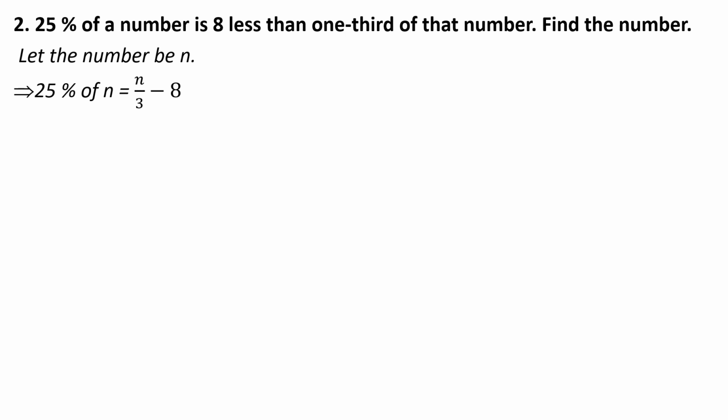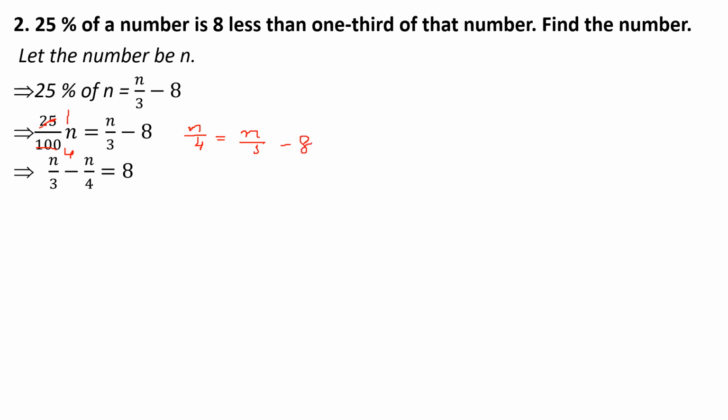Now 25% means 25 by 100 into n, which is equal to n by 3 minus 8. Upon simplification, 25 ones are 25 and 25 fours are 100, so we have n by 4. So n by 4 is equal to n by 3 minus 8. Bring n by 4 and n by 3 together.